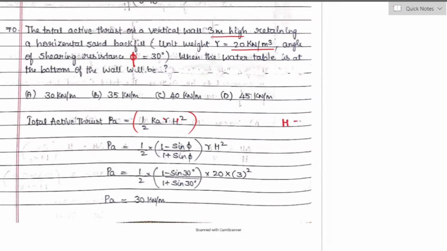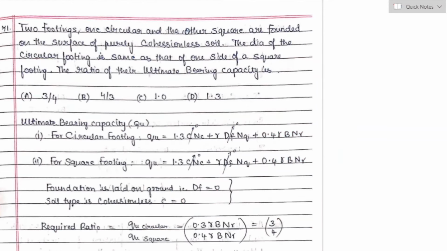Height of the retaining wall is given as 3 meter. Unit weight is given as 20 kN per meter cube. Coefficient of active earth pressure is 1 by 3. On substituting this value, the total active thrust will be 30 kN per meter. Option A is the right answer.